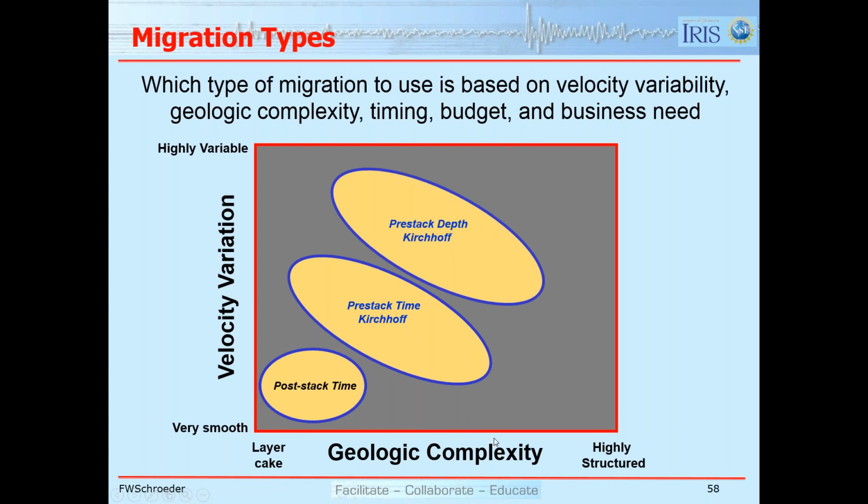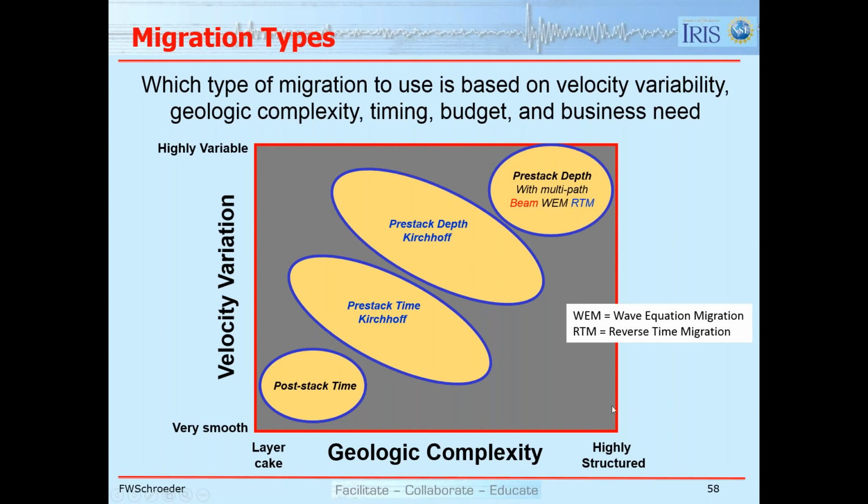If the geological complexity increases some more and the lateral variations increase some more, we would do pre-stack depth migration. And if we're in a very highly structured area with very high variability in velocities, then we would use pre-stack depth migration, either with a beam migration, a wave equation migration, or a reverse time migration.